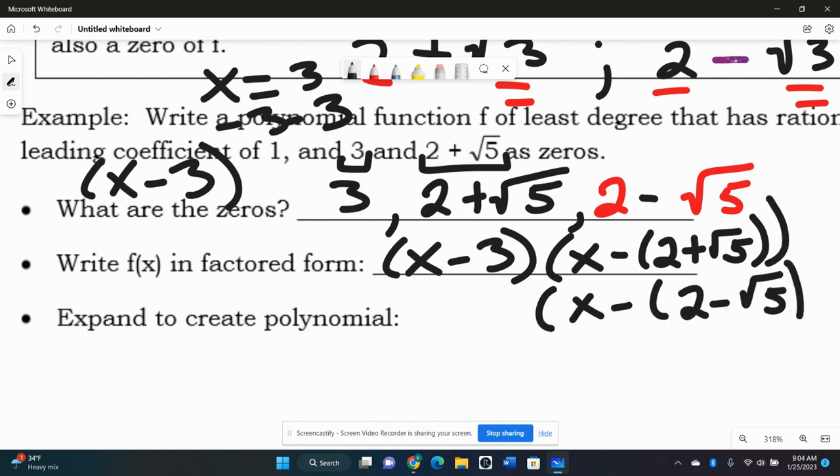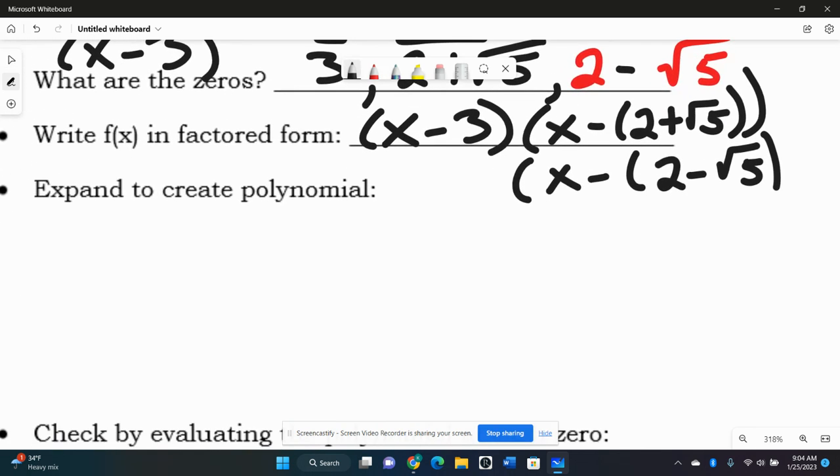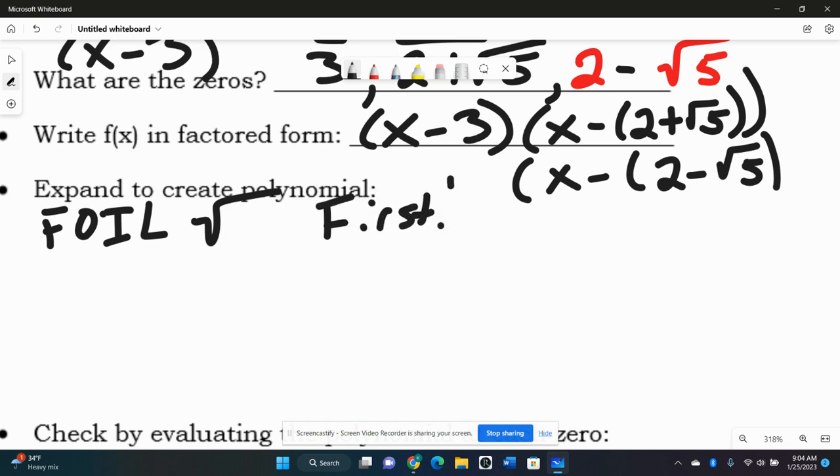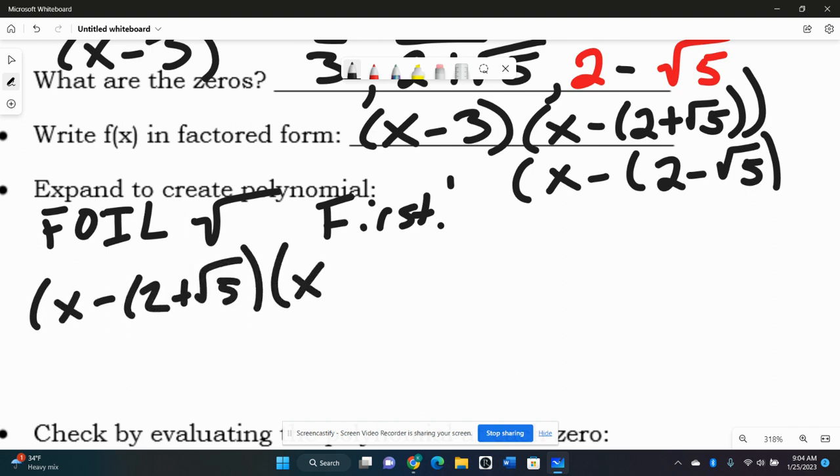And this is the part that can get a little annoying. We need to expand. We need to FOIL this out. So I'm going to FOIL our square roots first. So I'll take this x minus 2 plus square root of 5 times our x minus 2 minus square root of 5.